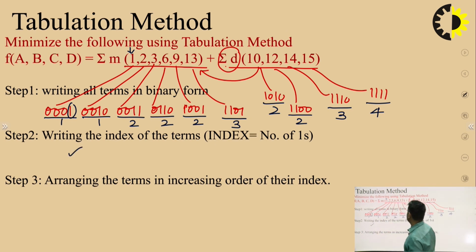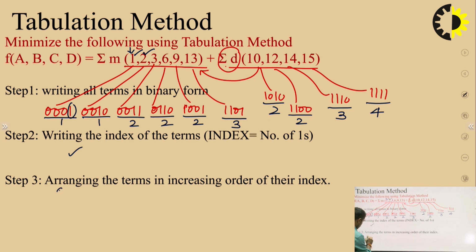Index of the terms is done, and now we arrange the terms in increasing order of the index. The smallest min terms have the smallest index. So index 1 has terms 1 and 2, and you can see that there is no other min term with index 1.